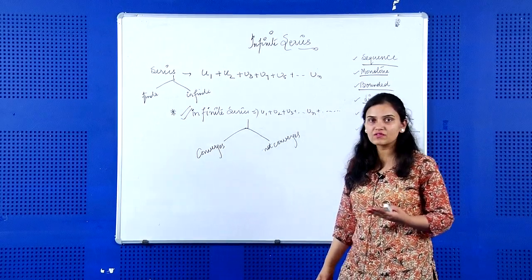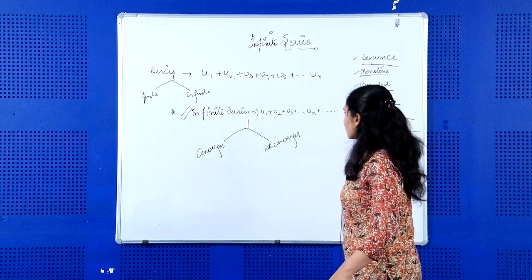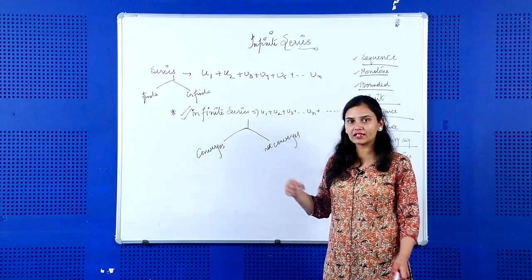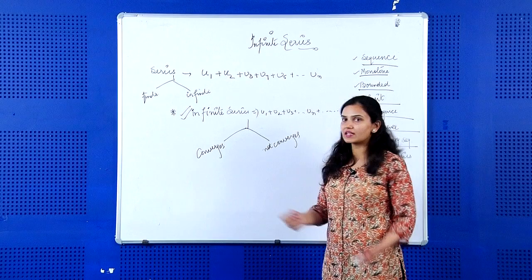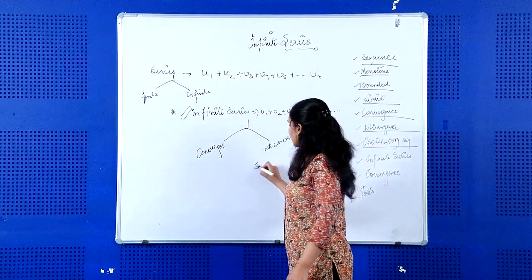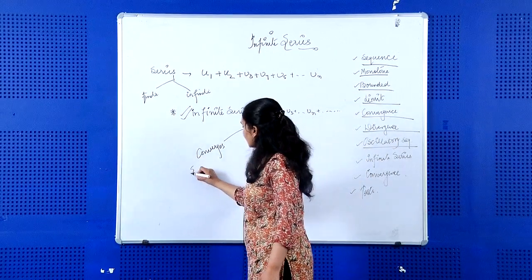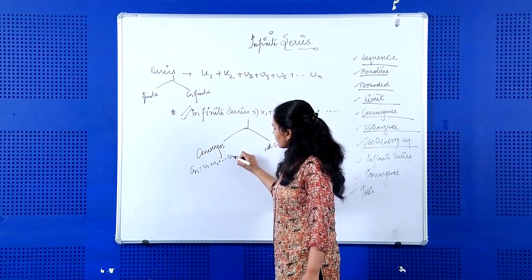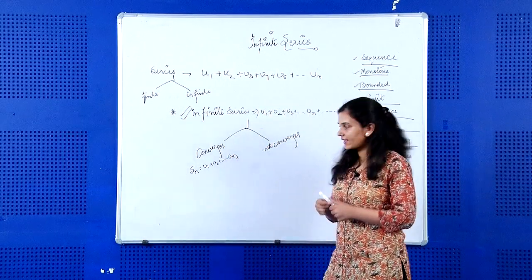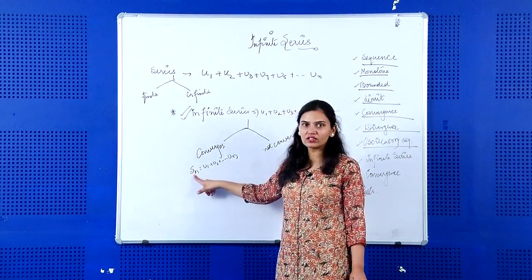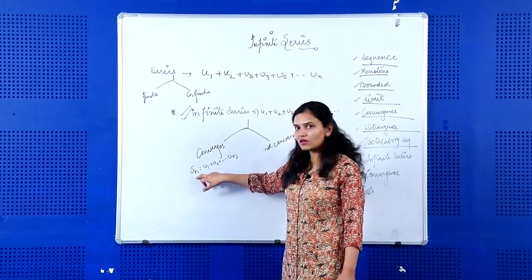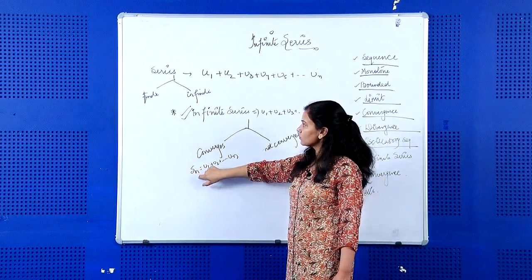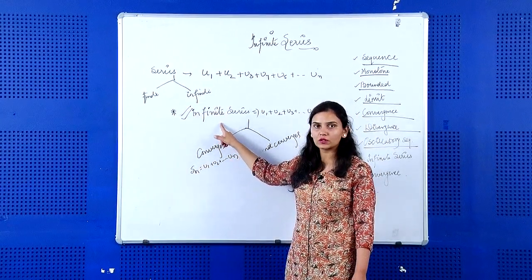So, what we do is, we take n terms of this, that is Sn, where Sn is U1 plus U2 up to Un, and we check whether this Sn is convergent or not. If this Sn is convergent, we say the infinite series is convergent. If this Sn is not convergent, we say the infinite series is not convergent.